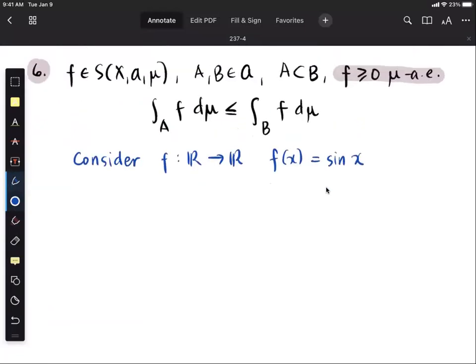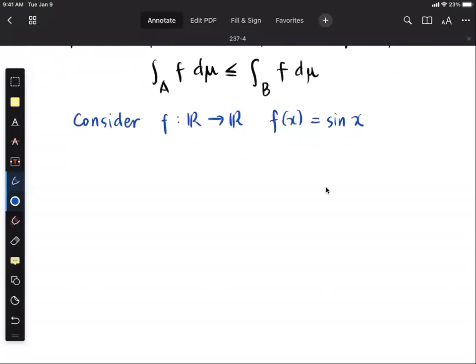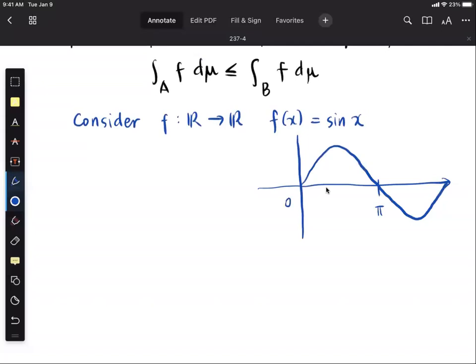So take note that this is not non-negative. There are values wherein this is negative. So let us look at a portion of the graph, one period of the graph. It should look like this. So this is pi, this is 0, this is 2 pi.